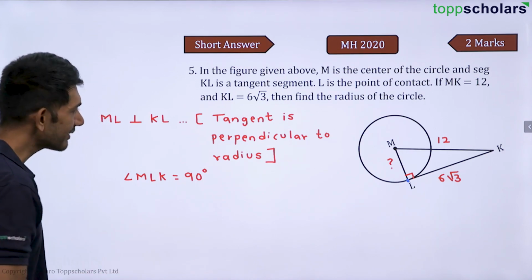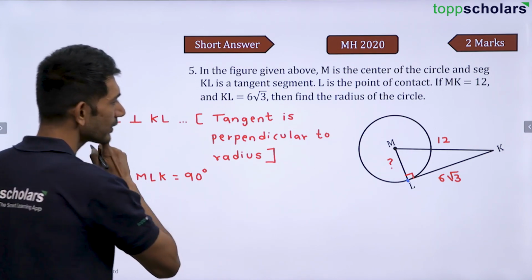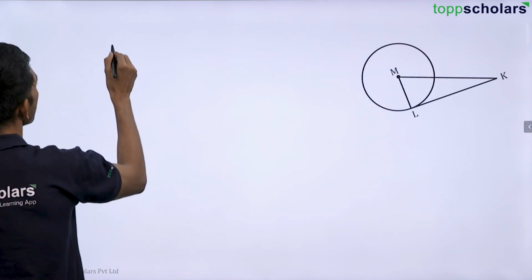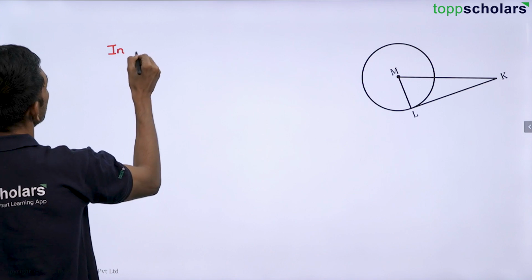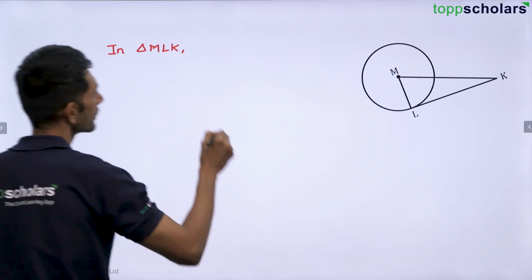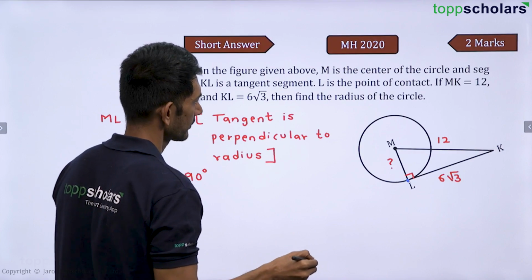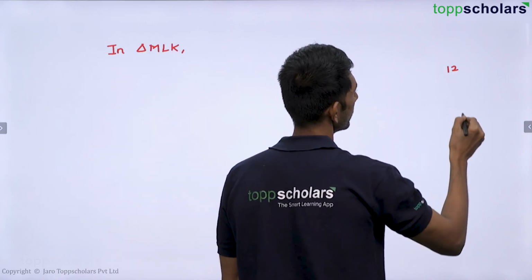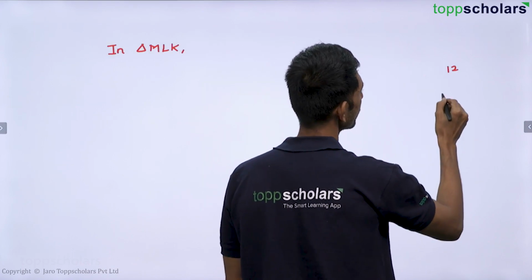Now since MLK is 90 degrees, can I apply Pythagoras theorem in triangle MLK? So I can say in triangle MLK, this is 12 and this is 6 root 3.